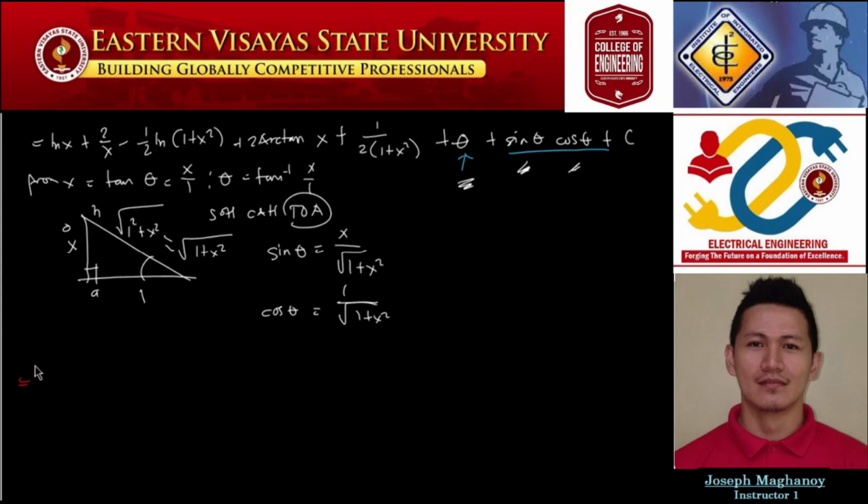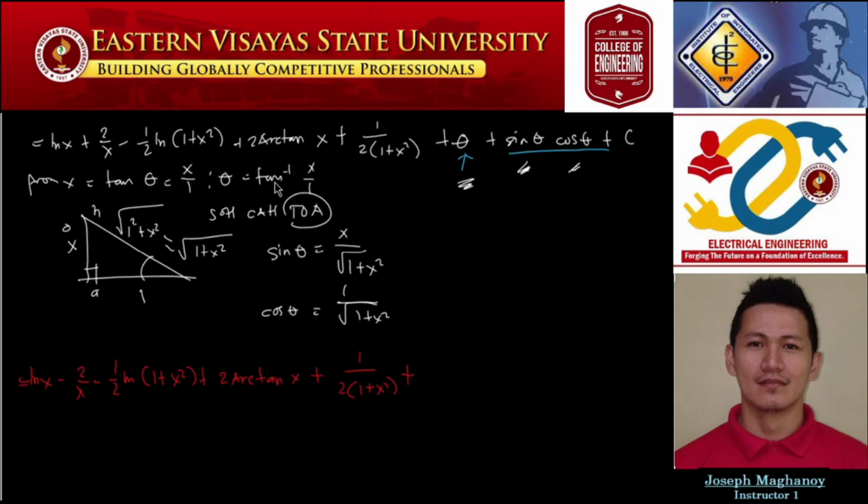So the final answer: ln x plus 2 over x minus 1/2 ln of 1 plus x squared plus 2 arctan x plus 1 over 2 times 1 plus x squared, plus the value for theta.